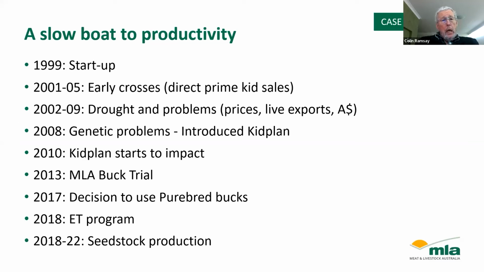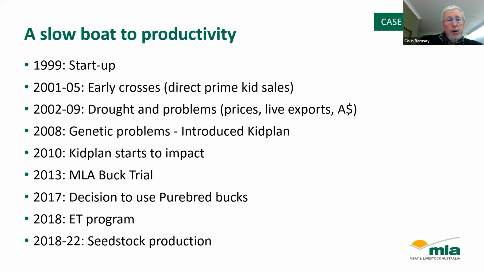After that, you start off with great excitement, but the story actually evolves really pretty slowly and there's enormous persistence and patience required. In our case, we started in 99. From 2001 until 2005, probably a few years, we were selling direct prime kids.